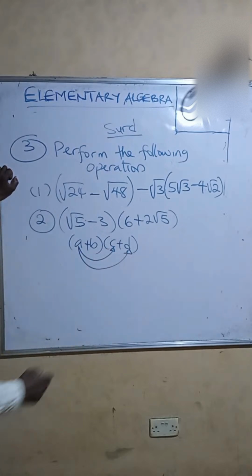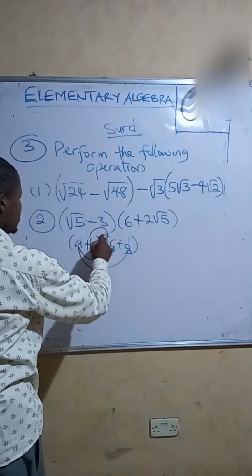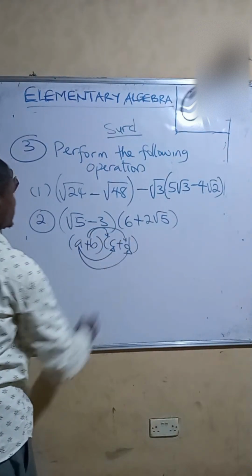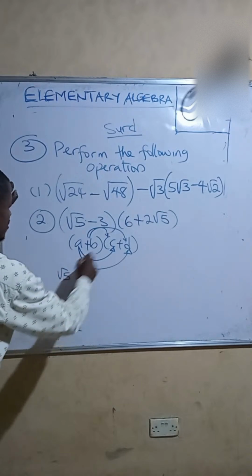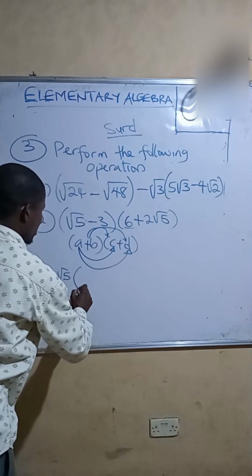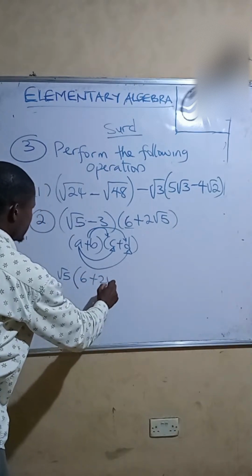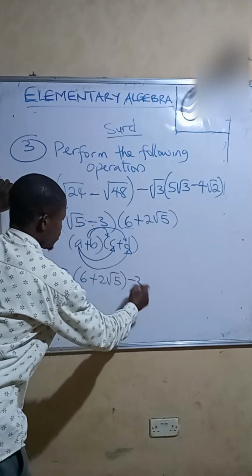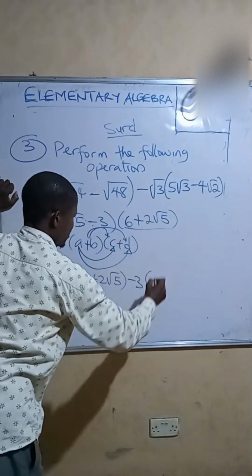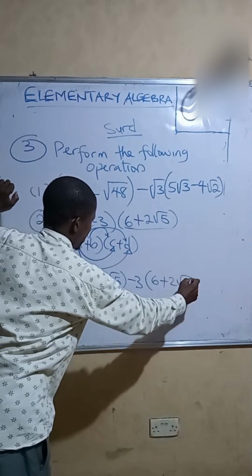So when you are through, then you start with this one times this, and then this one times this. So we're going to have root 5 times the whole expression, 6 plus 2 root 5. Okay, you have minus 3 also times everything here, 6 plus 2 root 5.